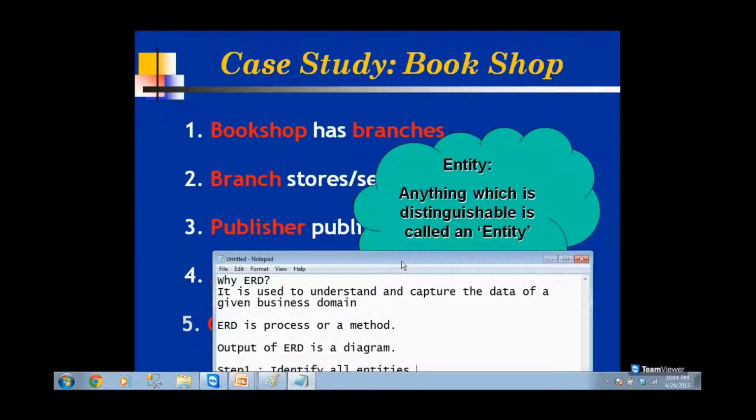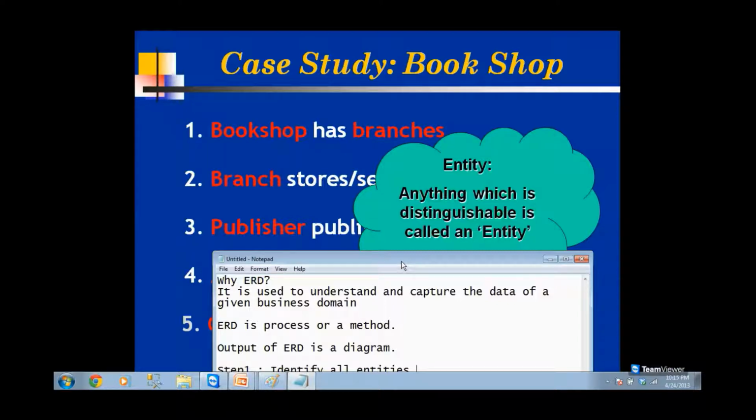For example, I have a pen and I have a marker. The pen is different from the marker, hence pen is an entity, marker is an entity. Student is a separate entity, faculty is another entity, patient is one entity, doctor is another entity, because patient is different from doctor. Computer is different from TV, so TV is an entity, computer is another entity. Male is different from female, so male is an entity, female is another entity.